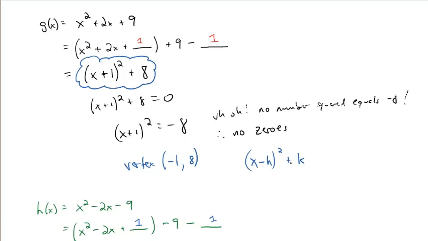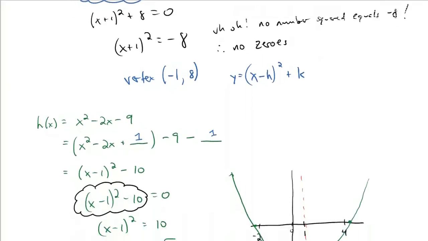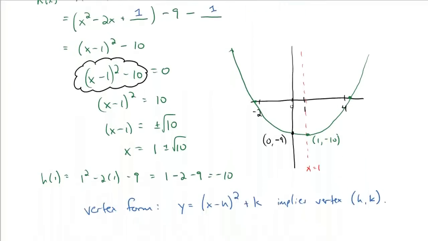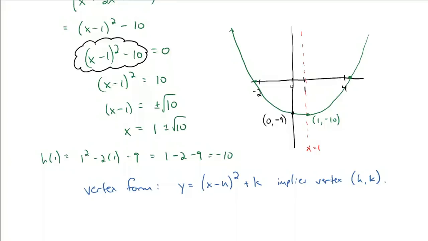In order to get a +1 in there, h has to be -1. Okay, so we can apply that vertex form here to understand that the vertex is -1, 8, and we don't even need to have any zeros to be able to do that. Okay, but I think it's still important to recognize that the axis of symmetry falls halfway between the zeros.